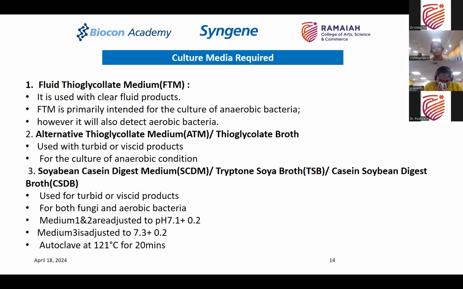One is fluid thioglycolate media, commonly called FTM, also thioglycolate broth, and soya bean casein digest media, also called tryptone soya bean broth or casein soya bean broth. Most of the time we are going to use the broth and see for the growth.